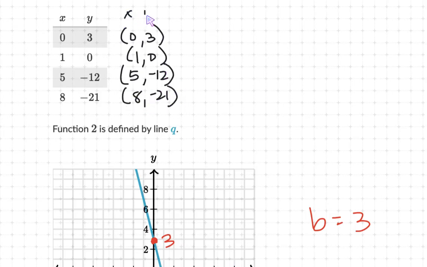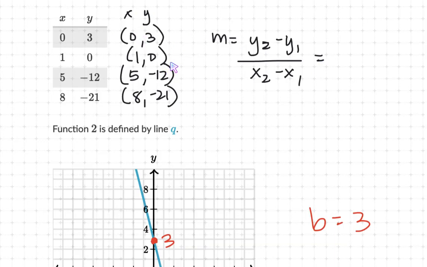Okay, these are the x's and y's. One way you can figure out the slope is using your formula, because your slope formula just needs 2 of those points. So I can take this is x1, y1, and this is x2, y2, and I can fill that out.